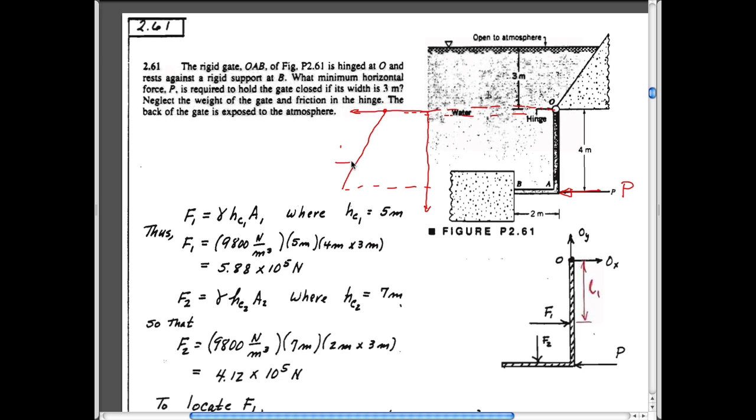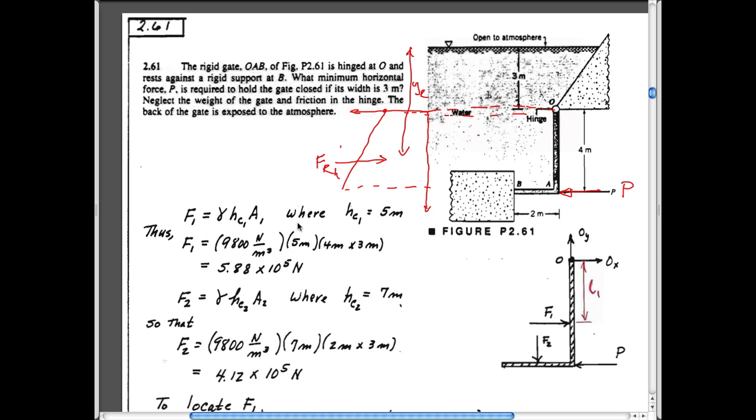So what you want to do is calculate the magnitude of the resultant that acts on here in the horizontal direction, and you want to calculate its depth. The magnitude of the resultant is equal to the unit weight, times the depth of the centroid, times A1.